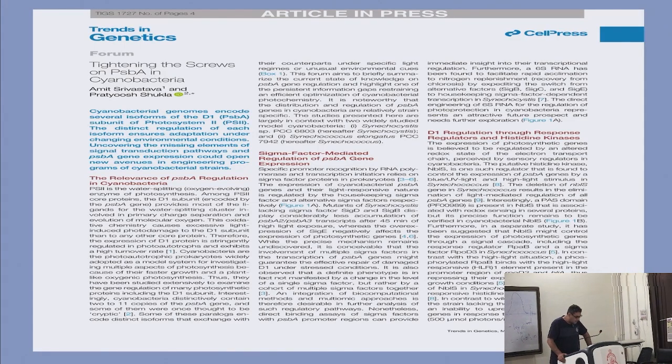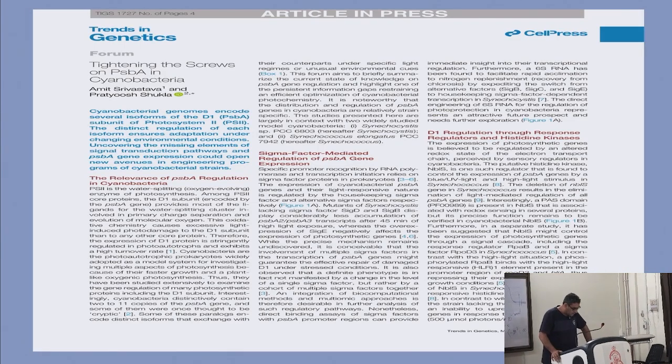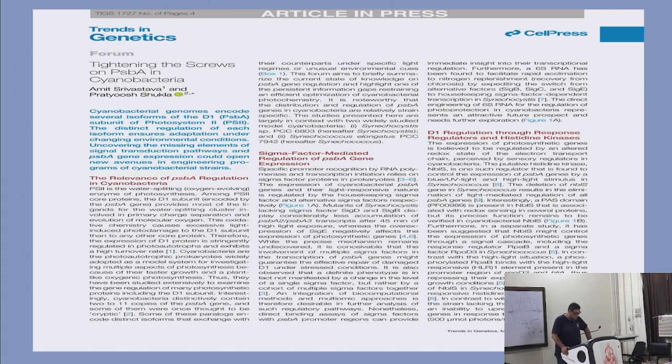So if you read this article, we talk about this isoform of D1, that is PSBA, and it is very crucial in PS2, photosystem 2, in cyanobacteria. This is one example, and there are also other cyanobacteria which are studied, but this regulation gives a lot of relevance for other capability improvement in cyanobacteria.